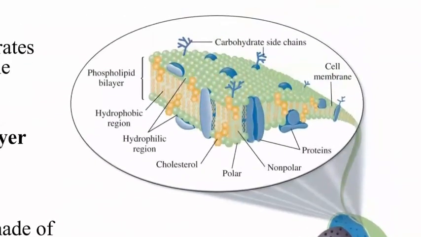So why is the plasma membrane so important? In the plasma membrane, it is important to note that it is made out of lipids, which is one of the things that we learned about last week.